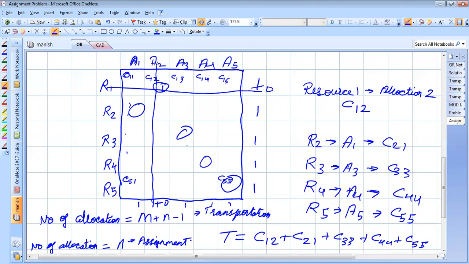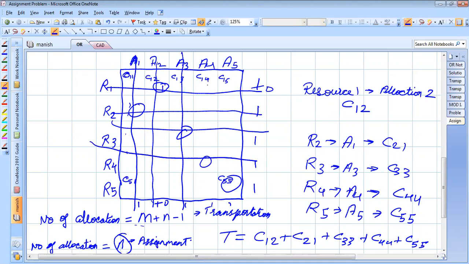At the same time, this will get eliminated. That means if the number of allocations are n, it means that each row and each column is eliminated. See, if I cut the rows and columns, all the rows and all the columns will be cut. If the number of allocations are n, you can count 1, 2, 3, 4 and 5. All the allocations are there in each row and each column. Correct?